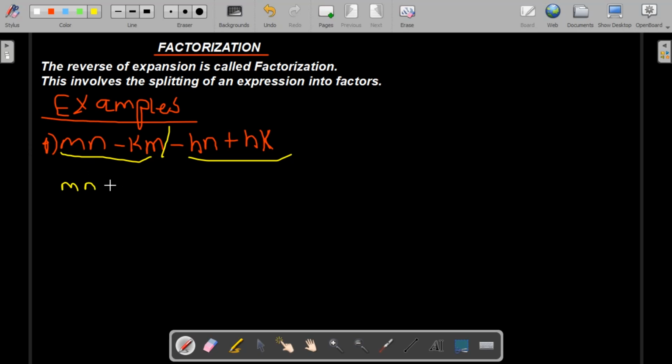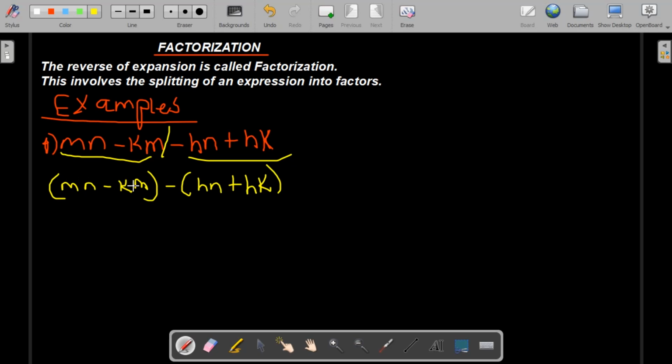We can say mn minus km, close, and then minus, because that's the sign which is there, hn plus hk. That's what we have.